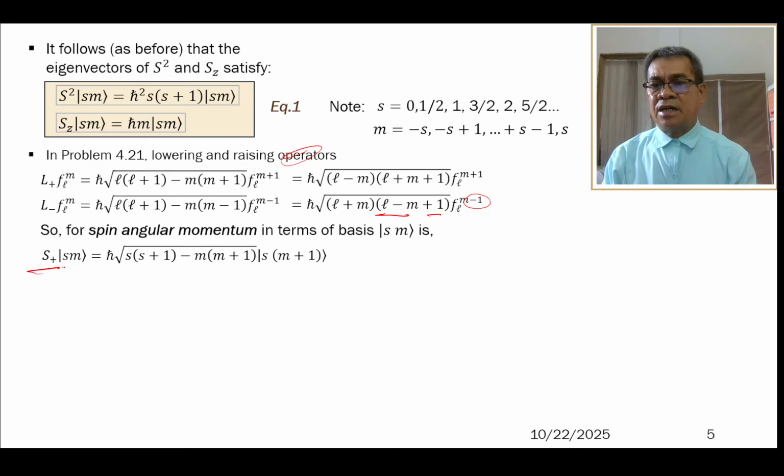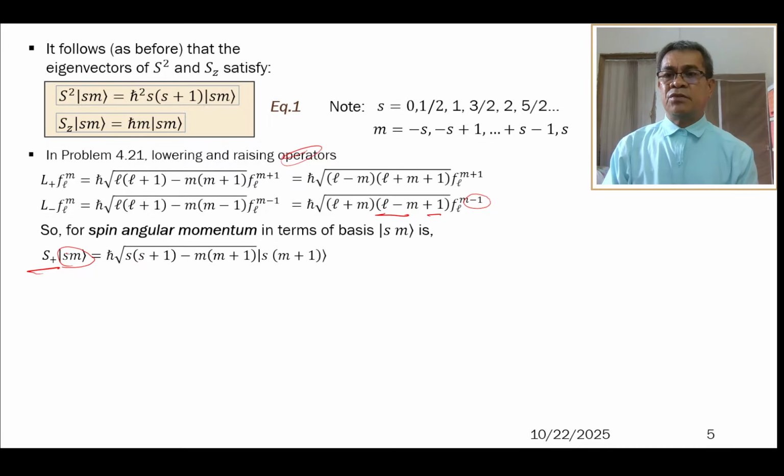And S plus acts on this state vector, which depends on the spin quantum number s and the quantum number m, and it should be h bar multiplied by the square root of s times s plus 1 minus m times m plus 1, and we have this state s, m plus 1.